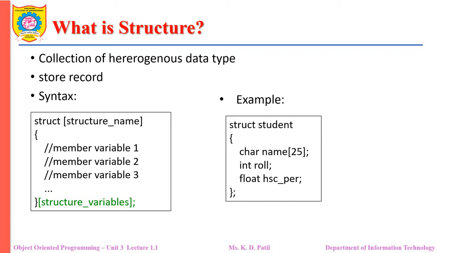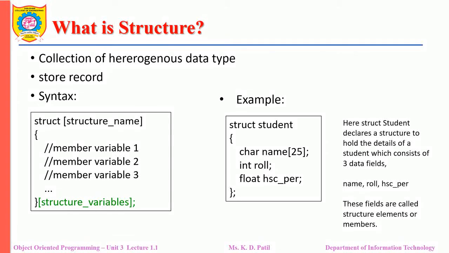Likewise 31 bytes will be required to store a record of one student. If I want to store the record of 2 students, I will require double the size. Here name, roll number, and HSC percentage are the structure elements, or they can be referred to as structure members.